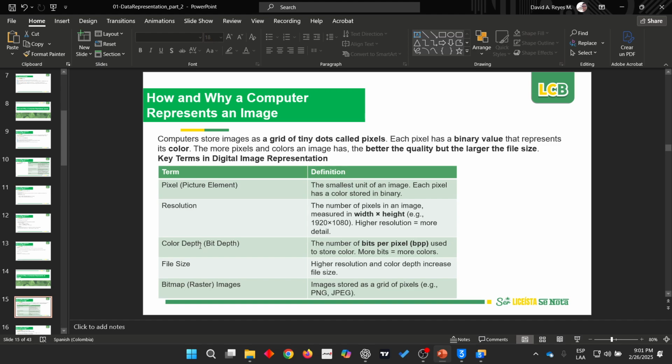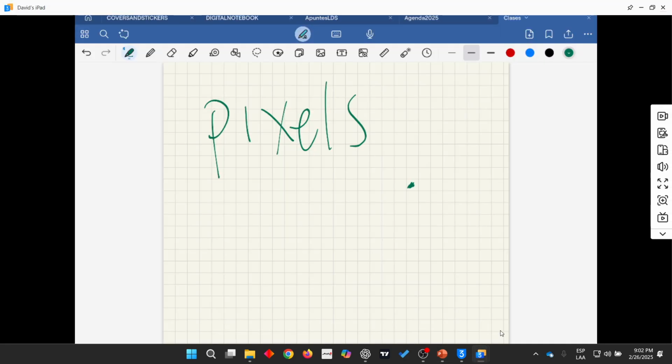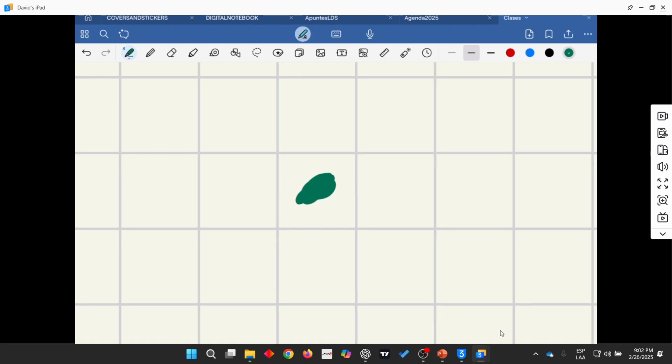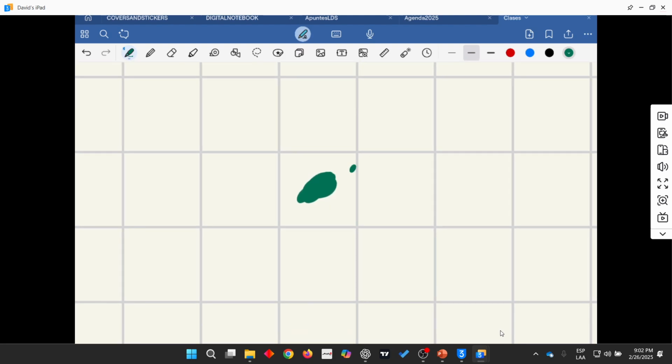The color bits, or color depth, means bit depth. What does that mean? Let me show you. This is a pixel, and let's suppose that we are zooming in.